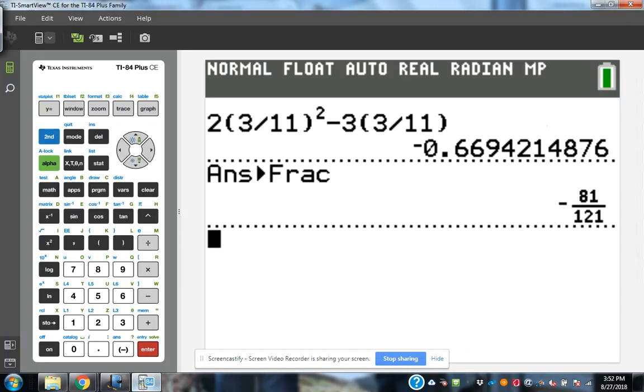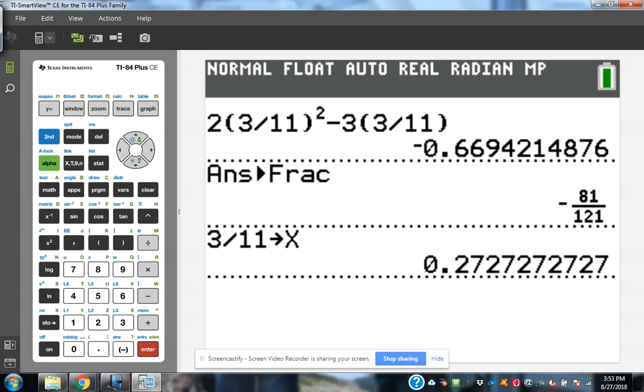Another way to do that is to actually store that value that they want you to plug in as x. So you could do 3 divided by 11, and then hit this button down here on the left, right beside the number 1, the STO. That's short for store. And then you can tell it what letter you want to store it as. I want to store it as x, and it just converts it to a decimal, but it remembers that the decimal repeats forever.